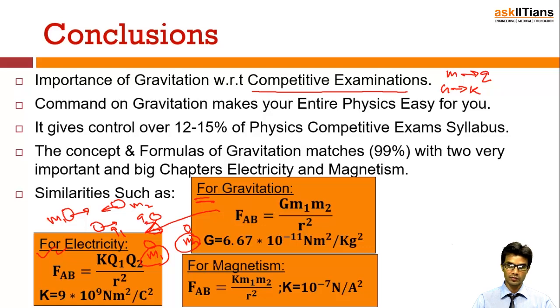All the values are different for the constants. m1 m2 are the masses, q1 q2 are the charges, and here m1 m2 are the poles. R is the distance between the masses, the charges, and the poles. Likewise, almost all the formulas and concepts are similar.